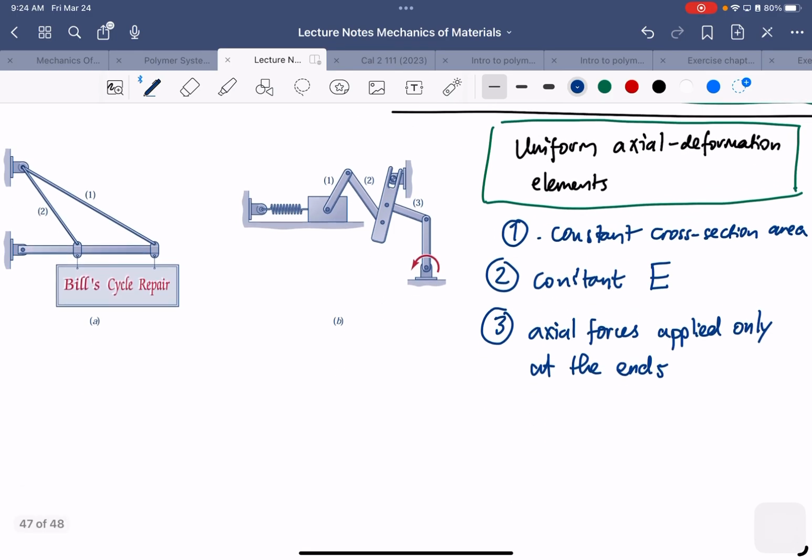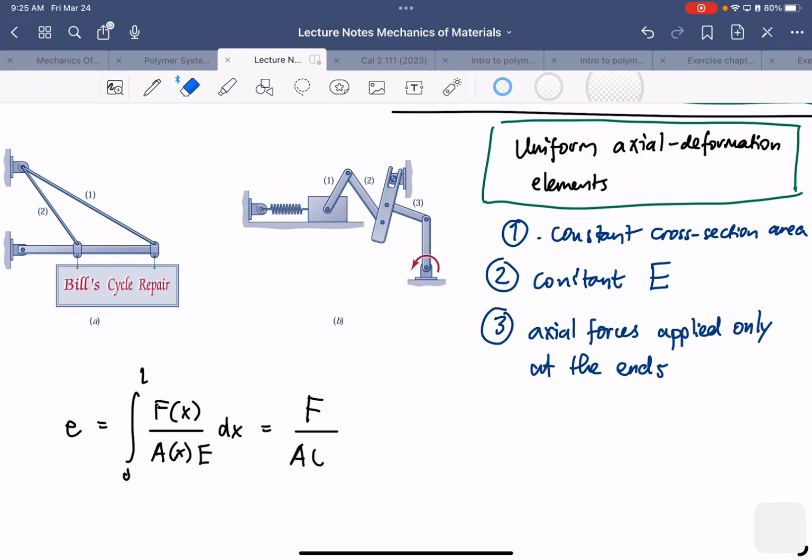So to simplify our formulations, we could rewrite the equation. We can simply write first, let me write the condition that this is what we have. Now we can write down that the force is no longer something we think of as a function, but rather we just see the applied force at the end. And since the E is also constant, we can take that into our consideration in this formula.